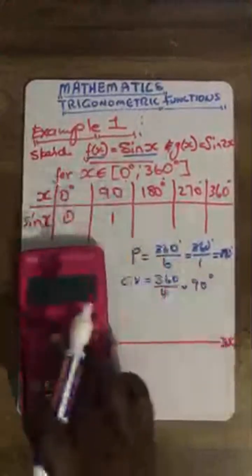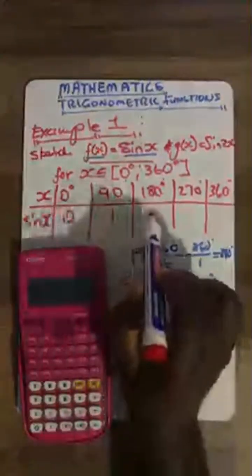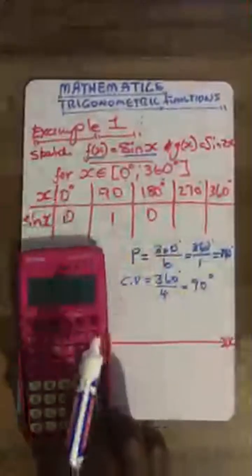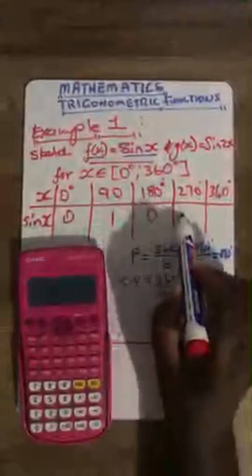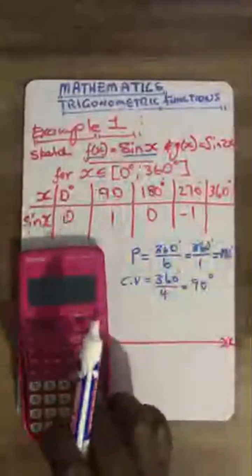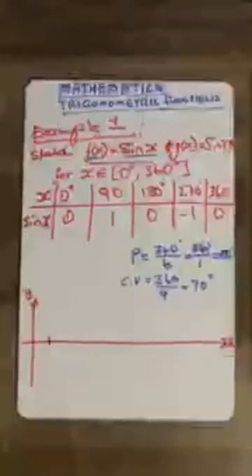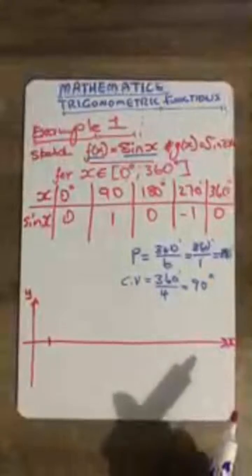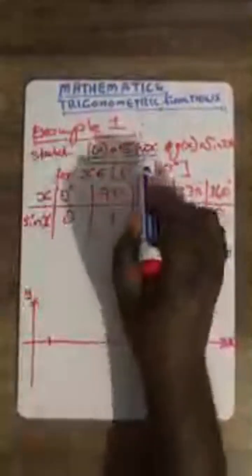I'm getting 1. And then you go to 180, you get 0. You go to 270, you get -1. And then you go to 360, then you get 0. So that means we are done with the information for that first one.